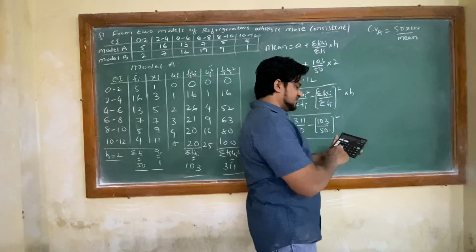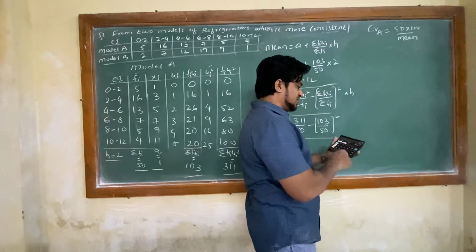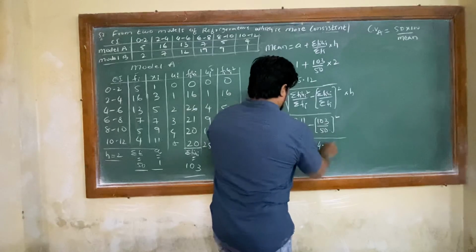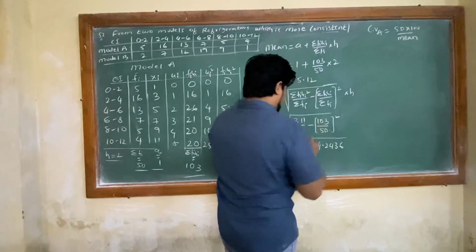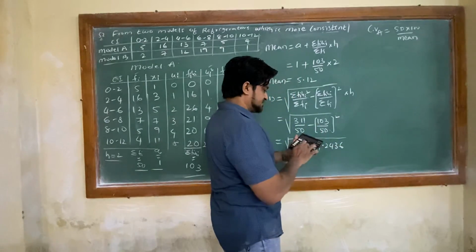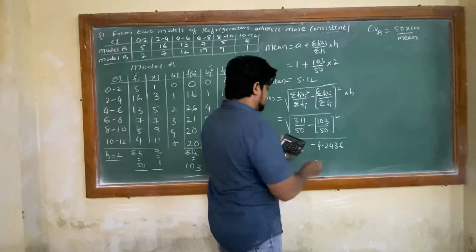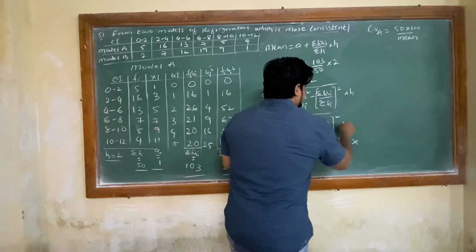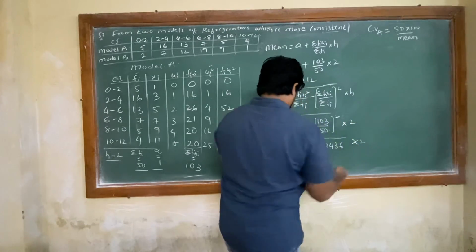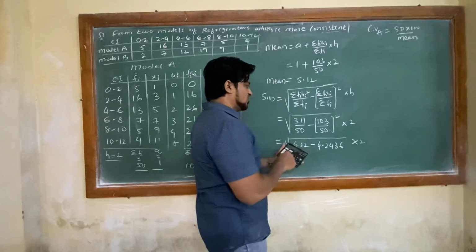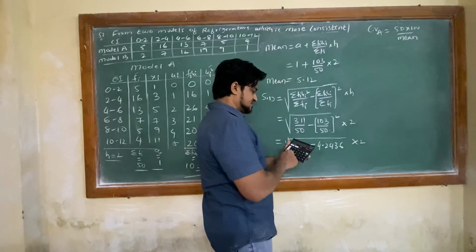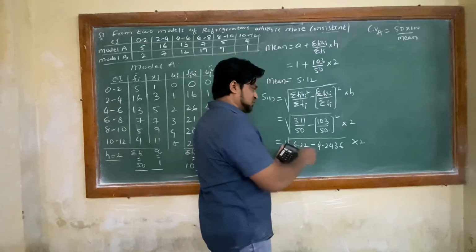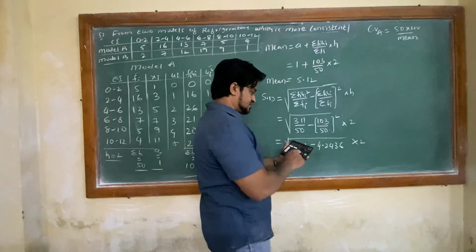One more time, 2.06 we need to multiply, which gives 4.2436. Then 311 by 50 is 6.22. Then minus 4.2436 gives 1.9764. Then find the square root of it.